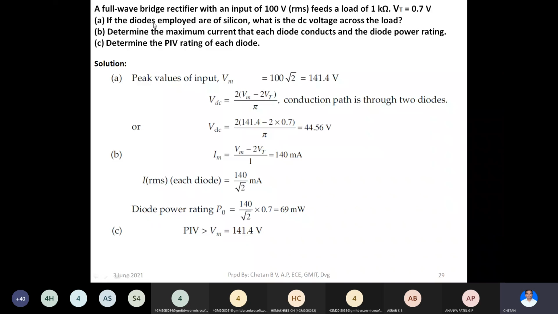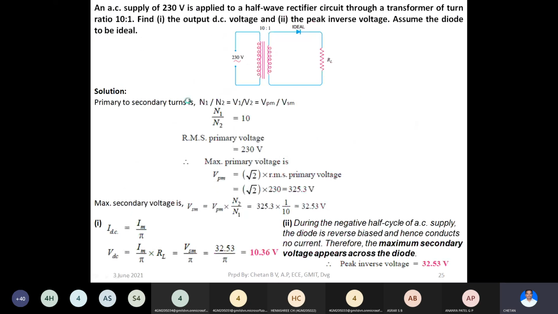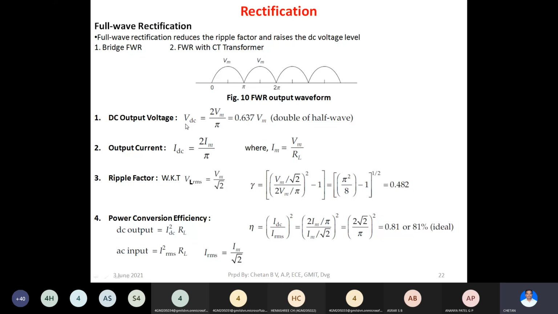So this is a full wave bridge rectifier. What is the average DC voltage? The DC output voltage is 2 Vm by pi. This we have derived by assuming that the diodes are ideal, right?